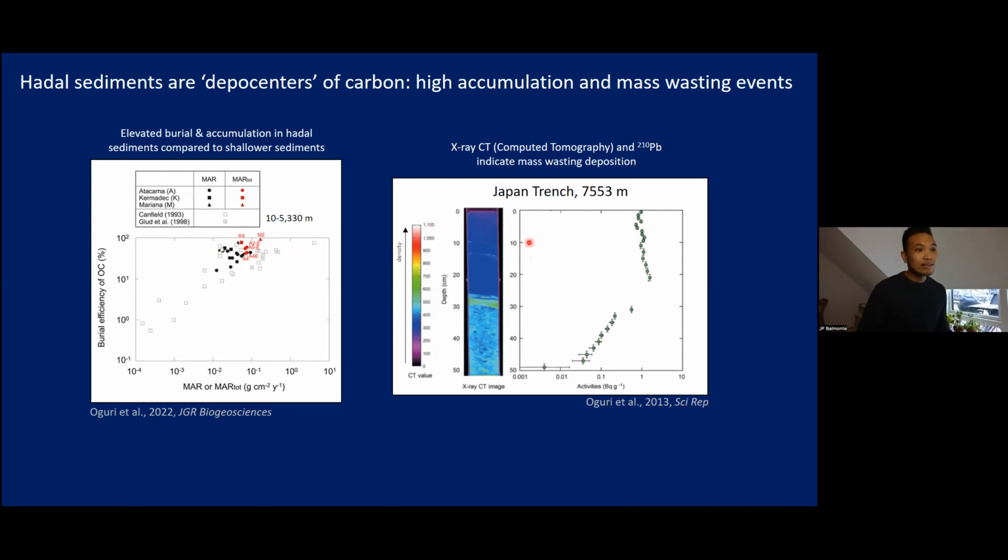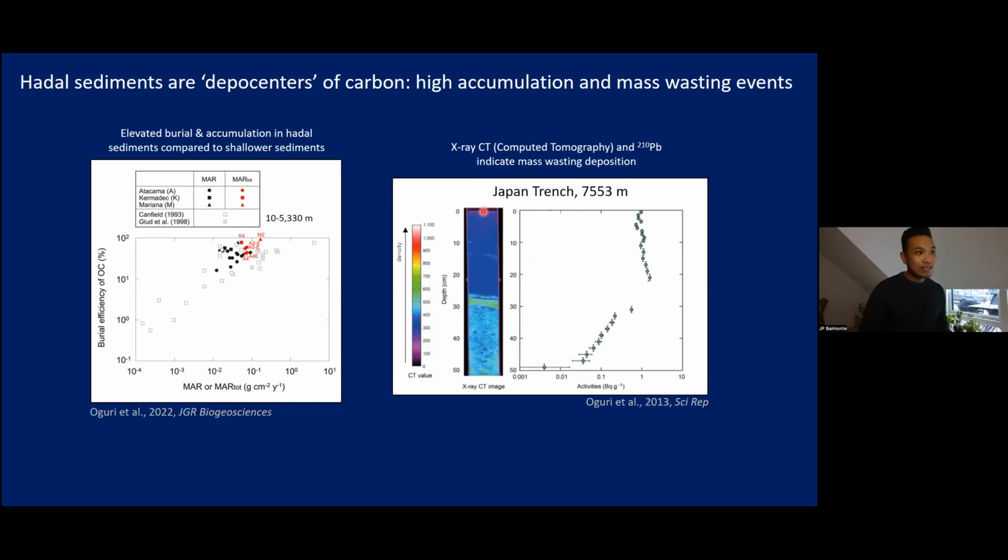And what Kazumasa Ogori did back in 2013 was look at the Japan Trench. There was an earthquake in Japan in 2011, and they set out to deploy some cameras, and we'll look at a video in the next slide. They also took some sediment core samples from the Japan Trench at around 7,500 meters.